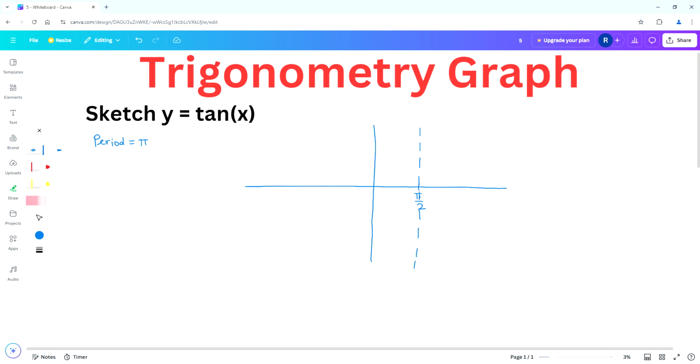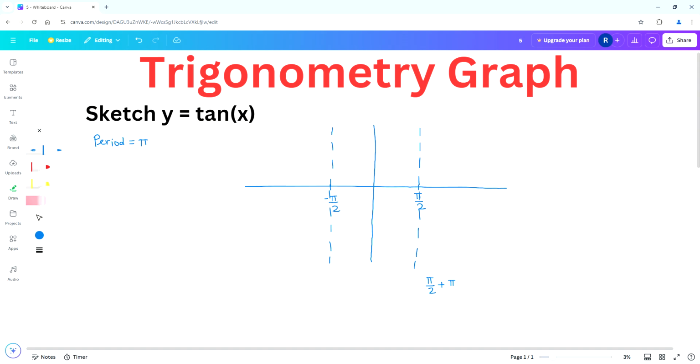One vertical asymptote on the left side of the y-axis is at negative pi over 2. These two vertical asymptotes are pi units apart. To find the next vertical asymptote on the right side of the vertical asymptote at x equals pi over 2, we should add pi to pi over 2. Because the period for tan x is pi, the next vertical asymptote will be pi units away from pi over 2.